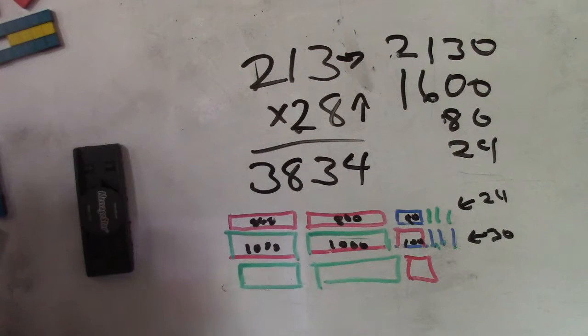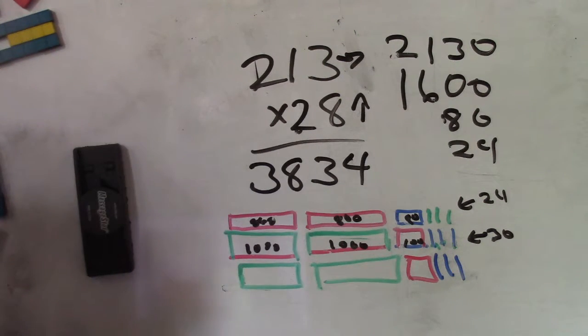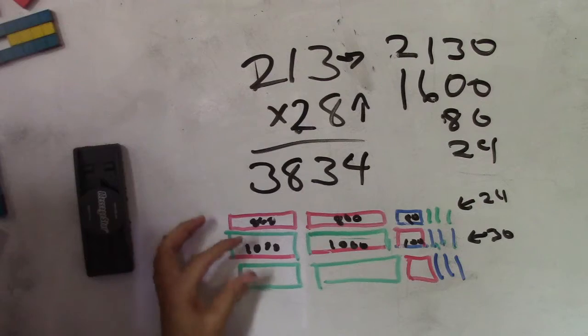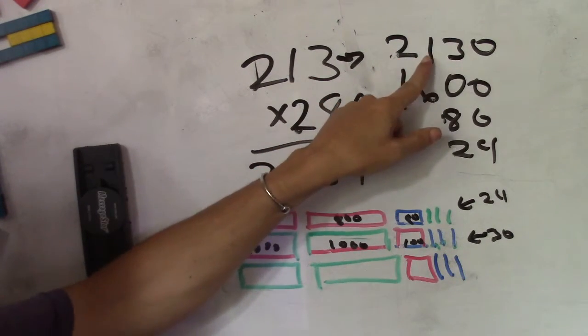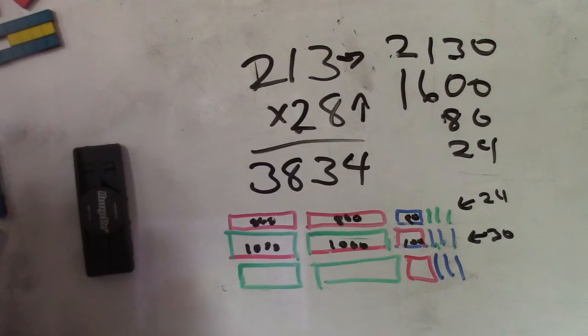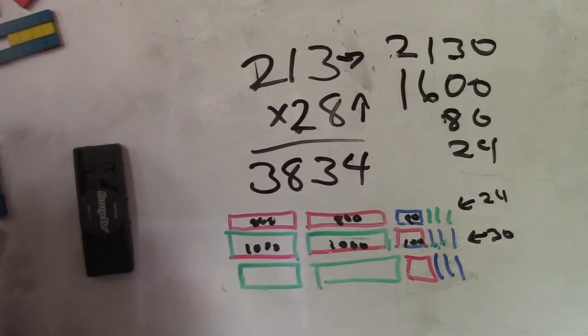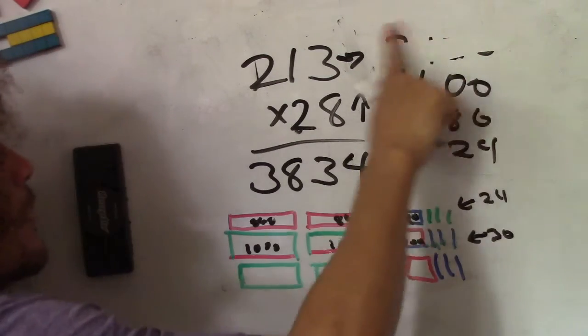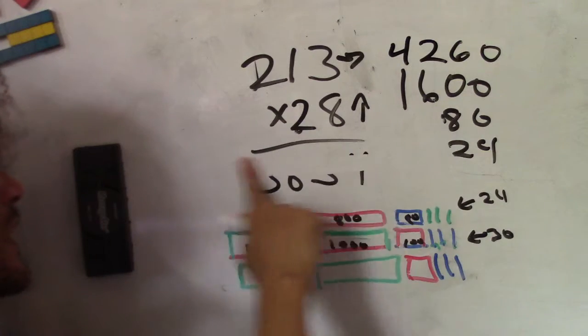And more 10s over here. Boom, boom, boom. See it? Yeah. Alright, so now what do I do? Well, now instead of having 2,130 over there, I'm going to have 4,260, right? 4,260. See it? Yes.